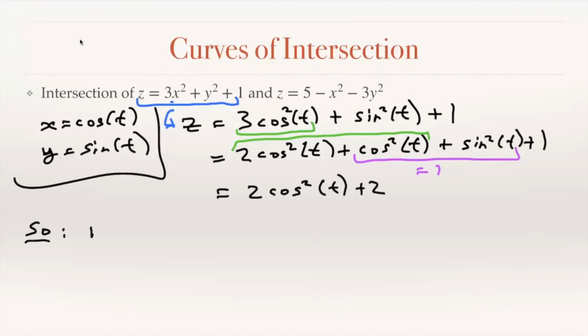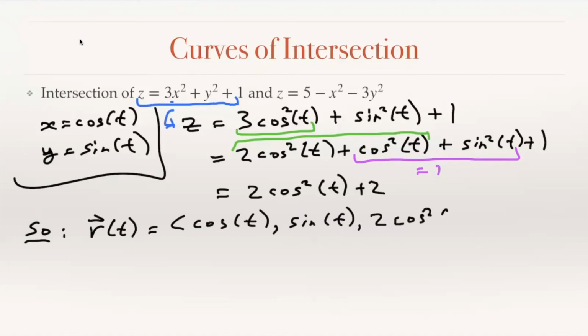So the parameterization should be, well, our x, y, and z coordinates. So that's cosine t, comma sine t, comma 2 cosine squared t plus 2. Okay, but it must lie on both surfaces. So we'll check now with the second equation.